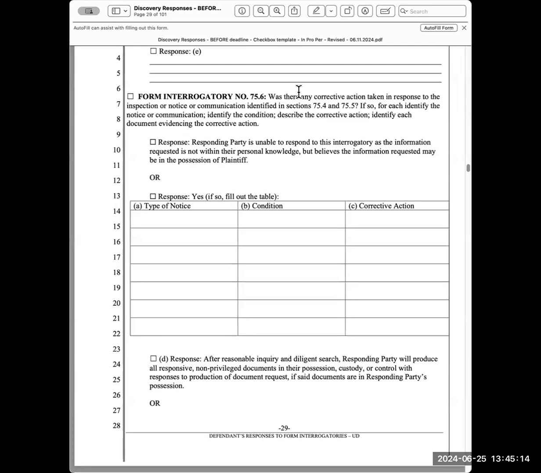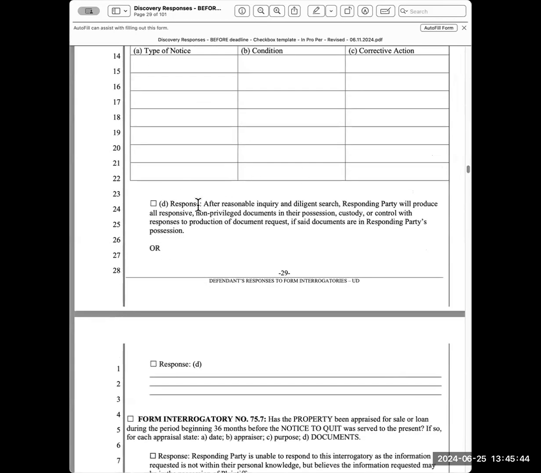Did they do them completely, or maybe it wasn't fully repaired? You're going to explain that all in here: the type of notice that the landlord had received to remedy some problem on the unit, the specific problem in the unit or the property, and what corrective action was taken.